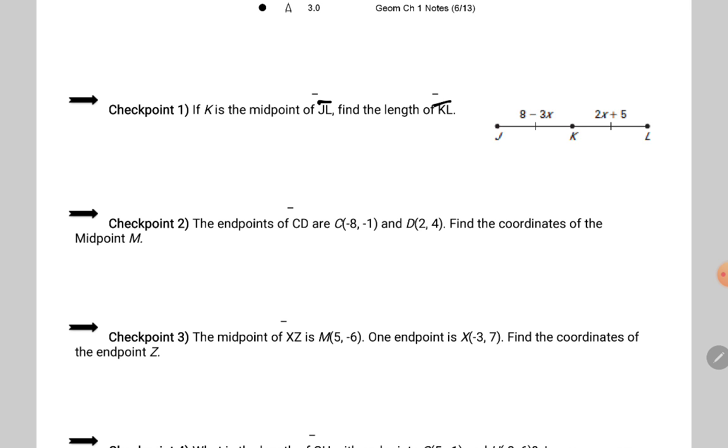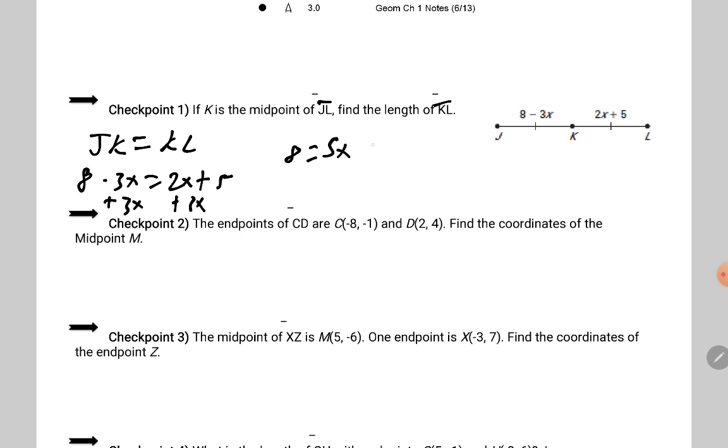So K is the midpoint of JL here, and they want to find the length of KL. So I'm going to set JK equal to KL. So that means 8 minus 3x equals 2x plus 5. So I'm going to add 3x to both sides and get 8 equals 5x plus 5. Minus 5 to get 3 equals 5x, so x equals 3/5.